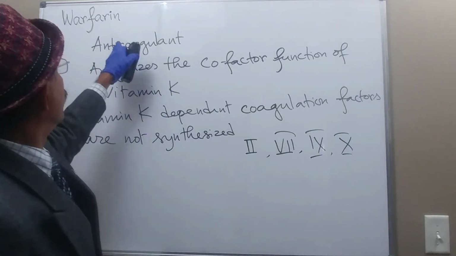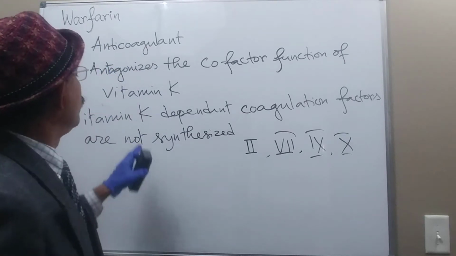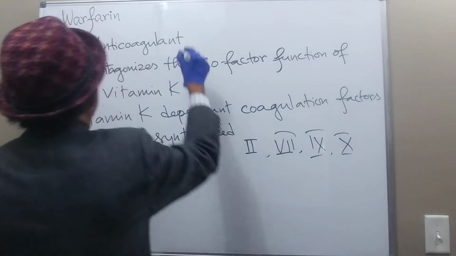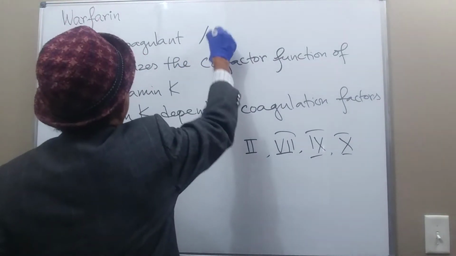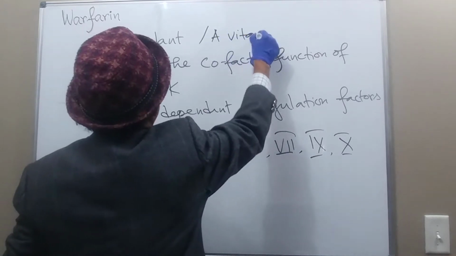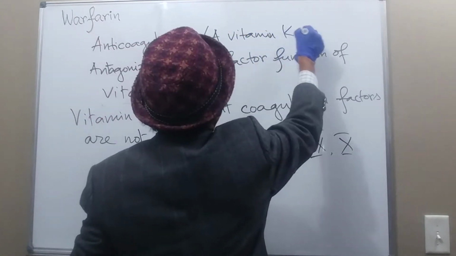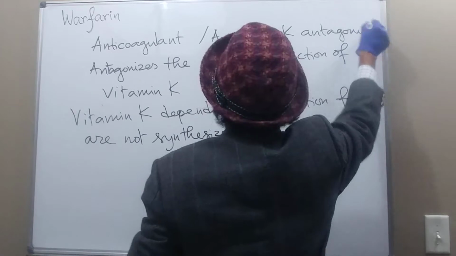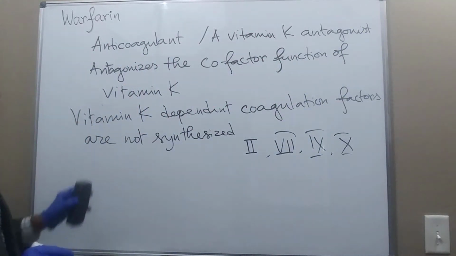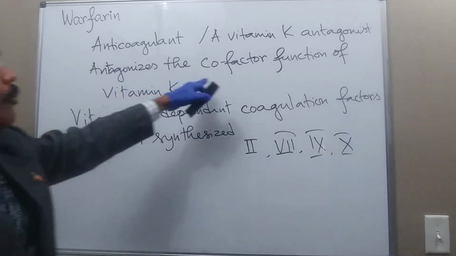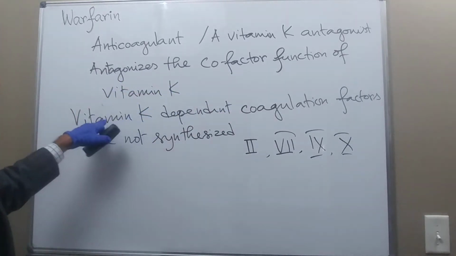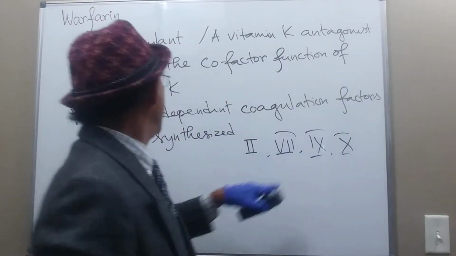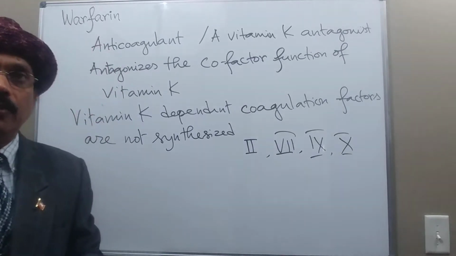Because warfarin is a vitamin K antagonist, warfarin antagonizes the cofactor function of vitamin K, and vitamin K dependent coagulation factors like 2, 7, 9, 10 cannot be synthesized.